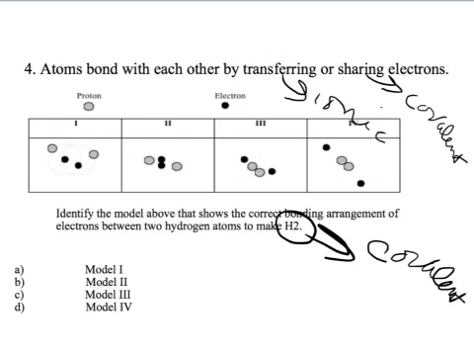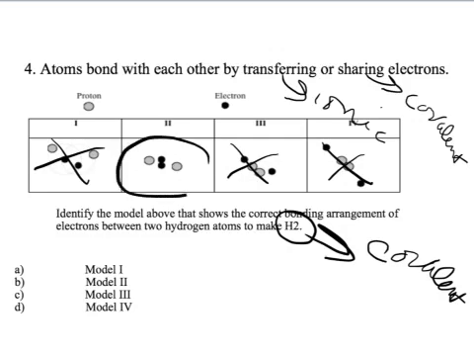Okay. So think for a minute. In Model 1, it's not showing they're sharing, so that's what makes Model 1 wrong. In Model 3, they're bonding the protons. That's what makes Model 3 and 4 wrong. The correct answer is Model 2.